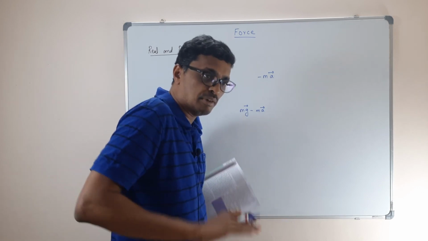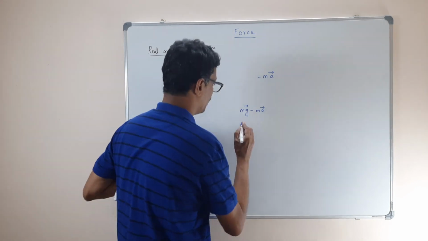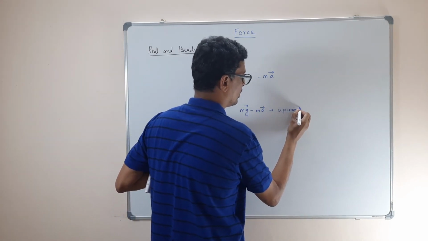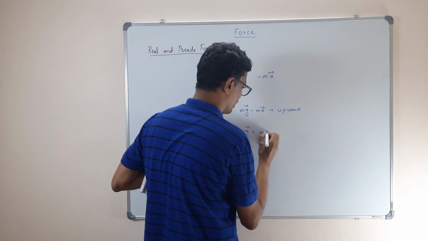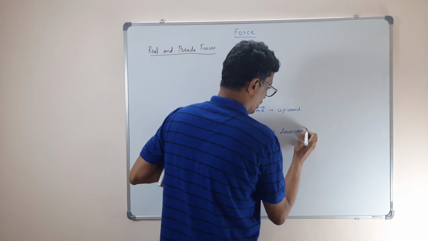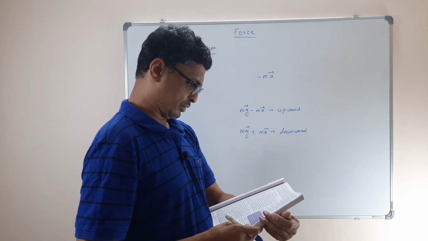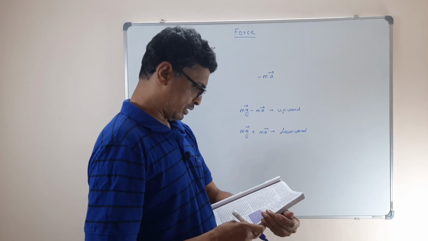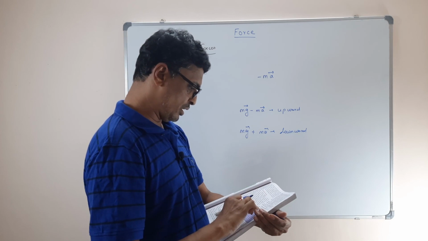When you move downwards, it will be plus, because you're going along the same direction. So for upward, and for downward, mg plus ma. I guess I have written it correctly. During upward motion, through upward acceleration, we have mg plus ma.